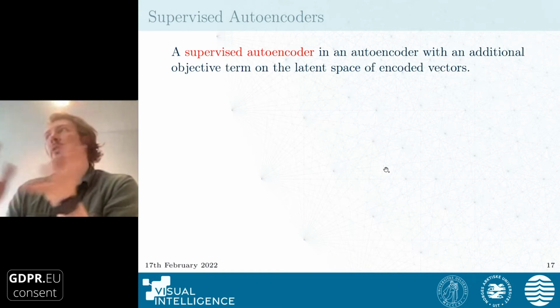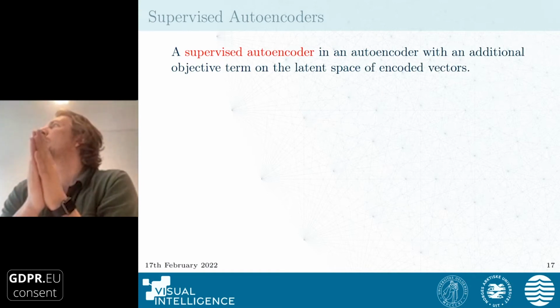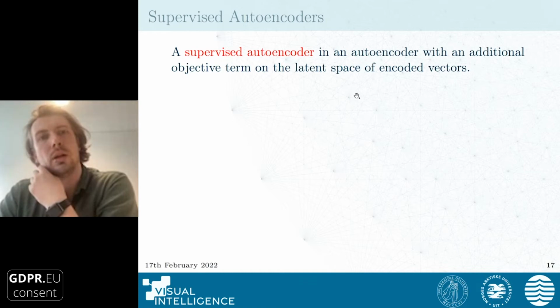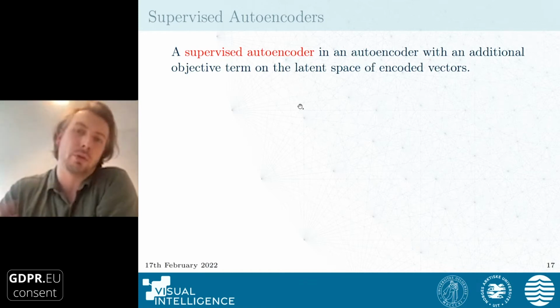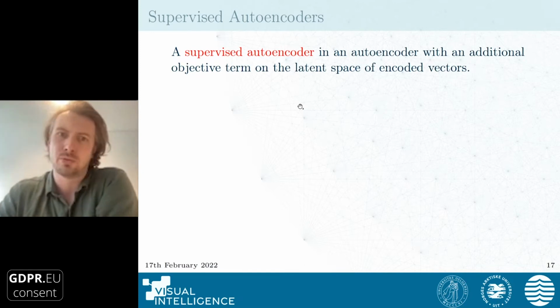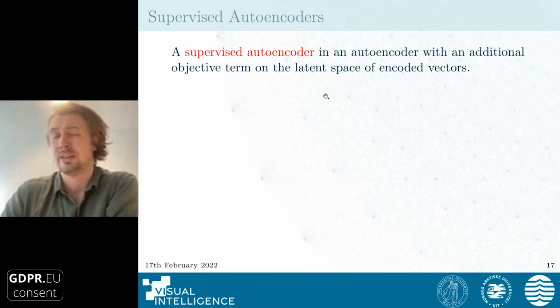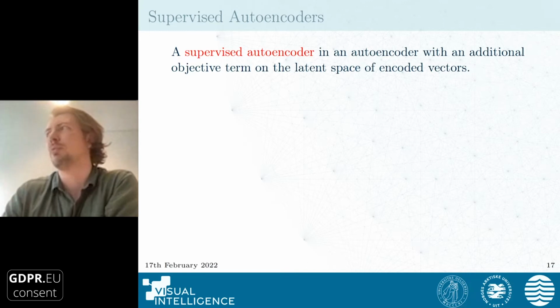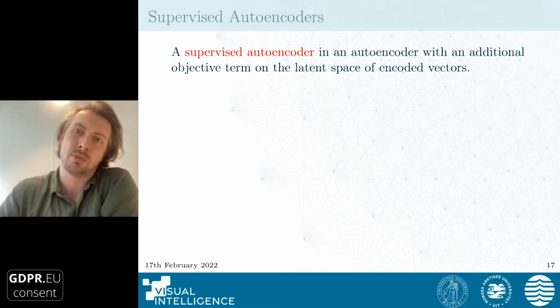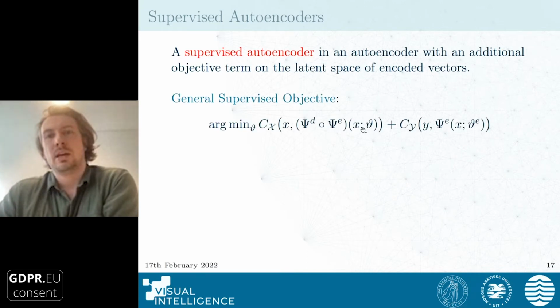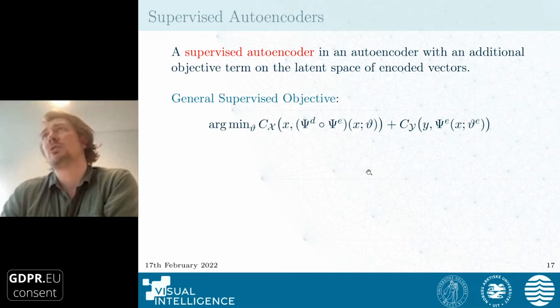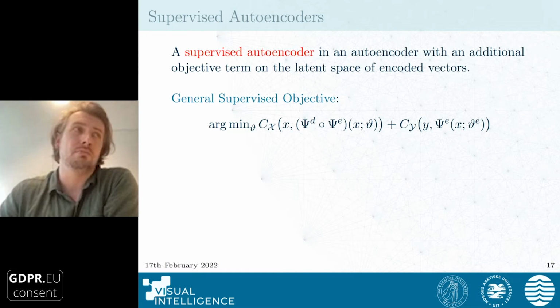Towards this goal, we first looked at what are called supervised autoencoders, which are basically autoencoders with an extra term on the latent space, where you want to supervise the autoencoder in some way. And this can be used in place of a normal neural network.